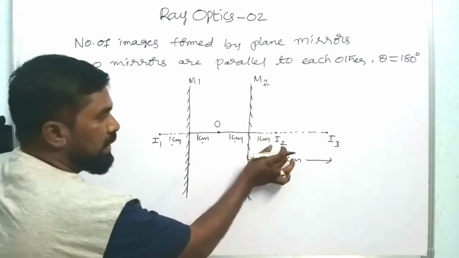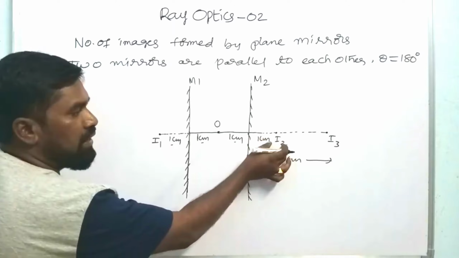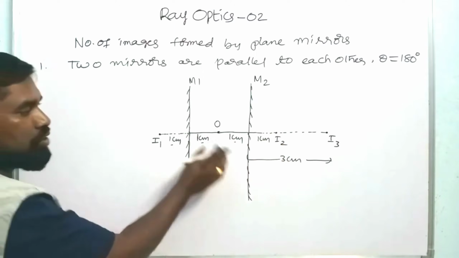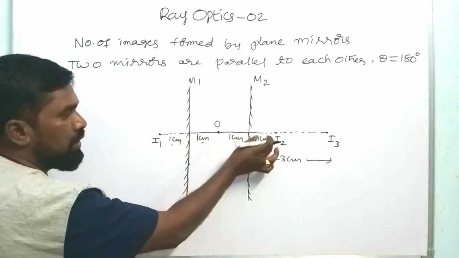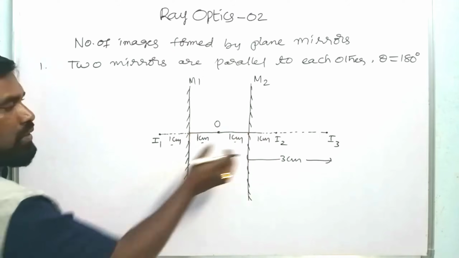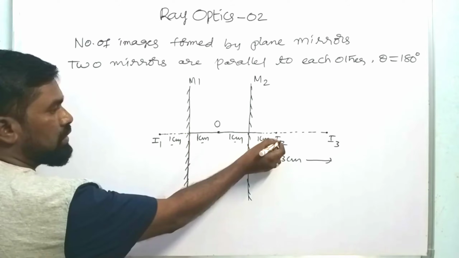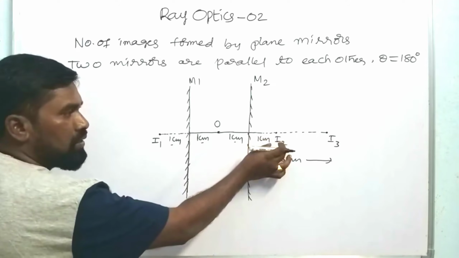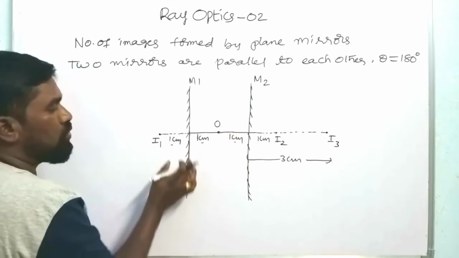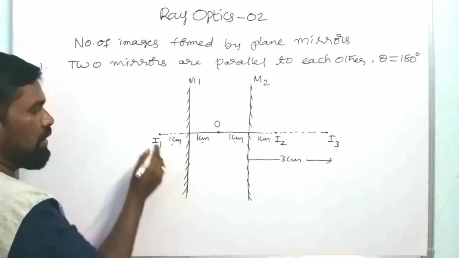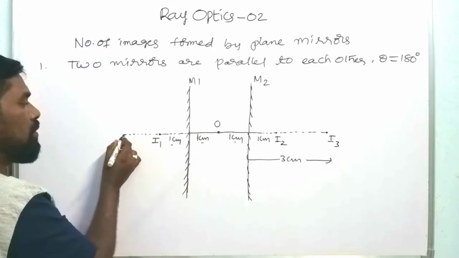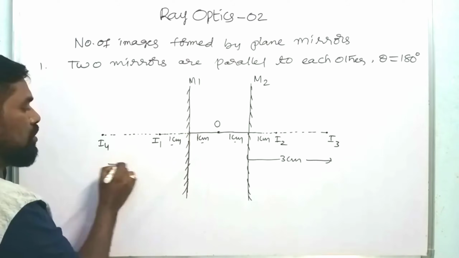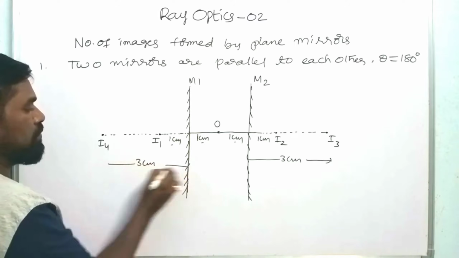Similarly, this second image acts as the object to the first mirror at the distance of 1 centimeter, 2 centimeter and 3 centimeter. This is the virtual image. It acts as the virtual object to the first mirror, and then the image I4 is formed at the distance of 3 centimeter.